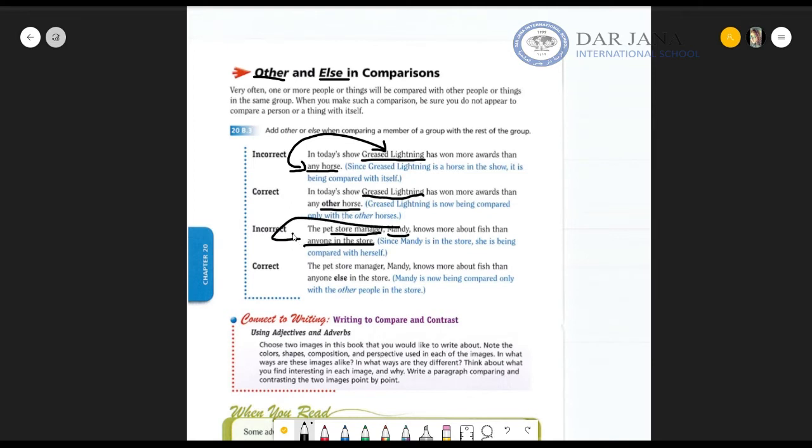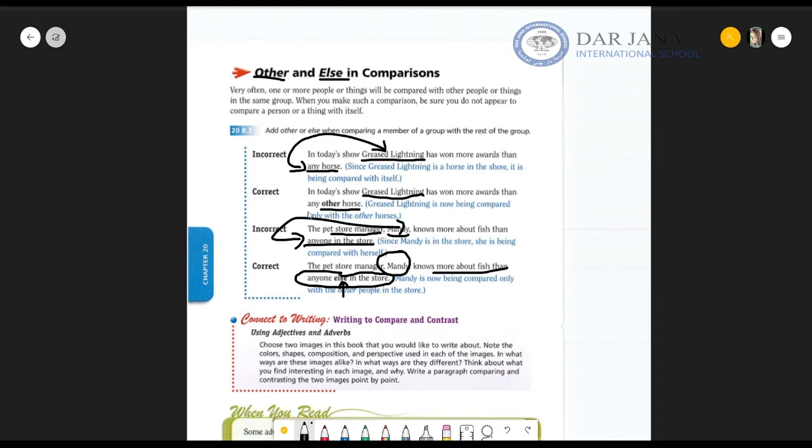So I'm comparing Mandy to herself, creating a confusion, which is incorrect. In order to correct this sentence, I insert "else." So now I form two different groups. Mandy is in one group and everyone else is in another group, and I'm saying that she knows more about fish.